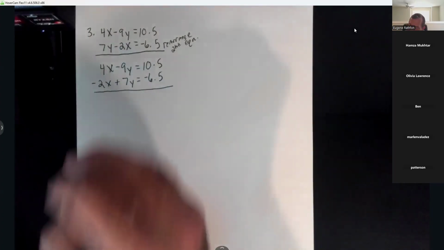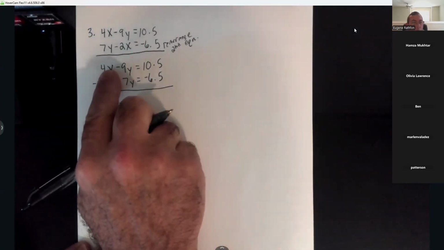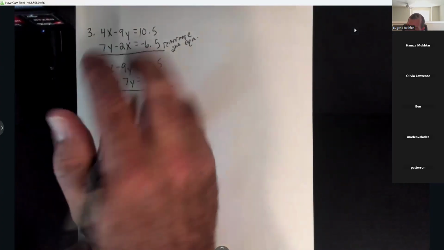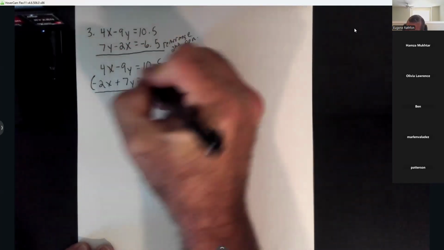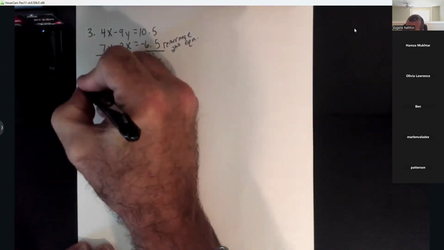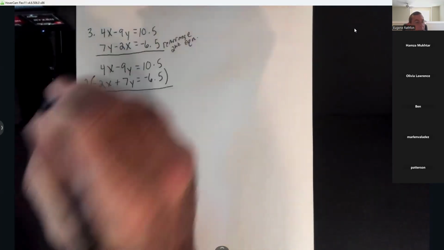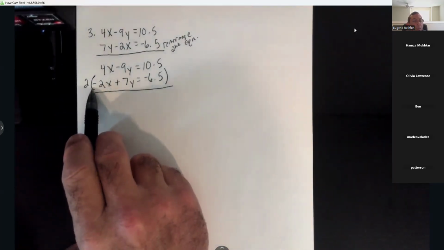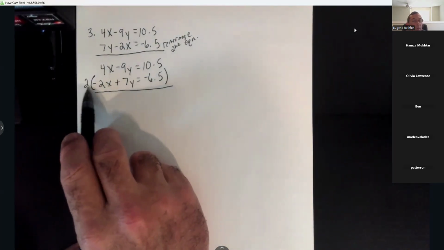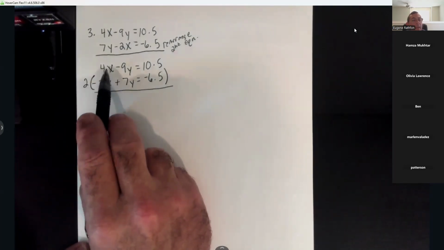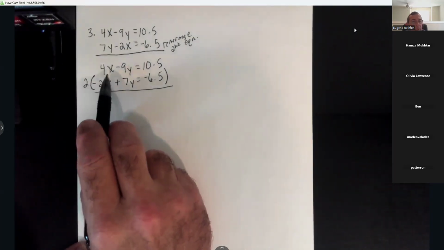So yeah, definitely the x's. And y'all look, that's a 4x and that's a negative 2. I'm going to multiply the second equation by a positive 2, because 2 times negative 2 would make that a negative 4x. And those x's will now cancel, okay?